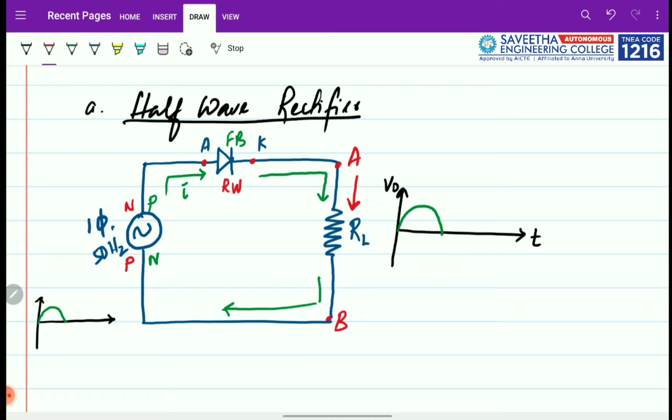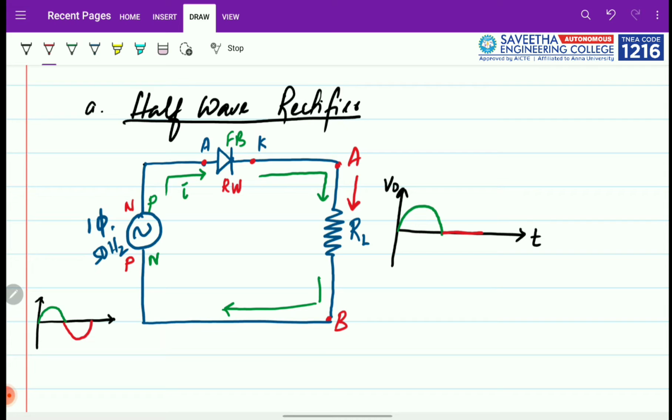In reverse bias, we know the diode acts as an open circuit. The current cannot flow through it, so the output does not appear in the load. In the second half cycle, the AC input will be there, but the output DC will become zero.